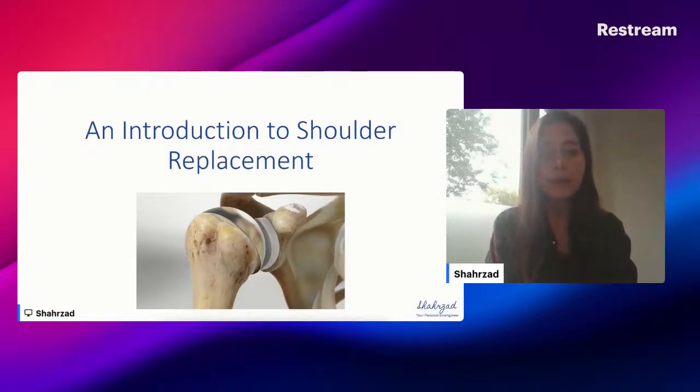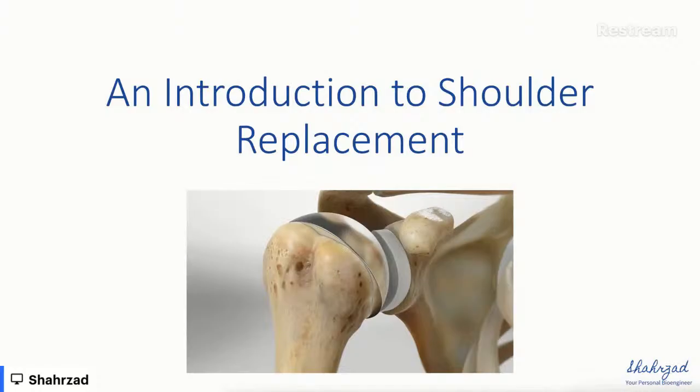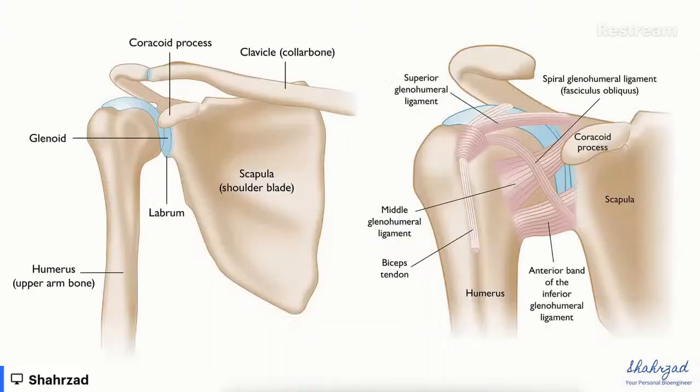So I'm going to make the screen larger so you can see images and all the details better. Perfect. Okay, so an introduction to shoulder replacement. What we have here is the shoulder joint. On the left, you can see the details of the bones. For example, you can see glenoid in the middle of the shoulder joint, and one of the main bones in this structure is humerus or the upper arm bone.